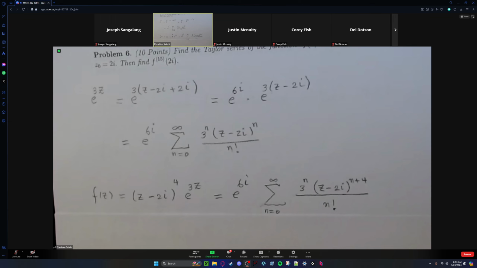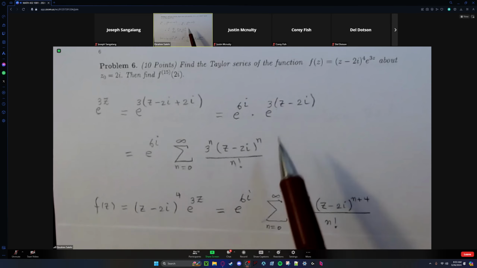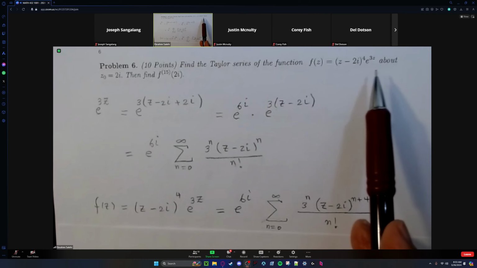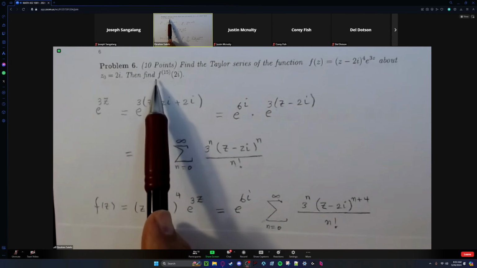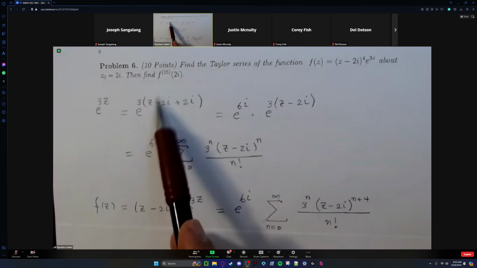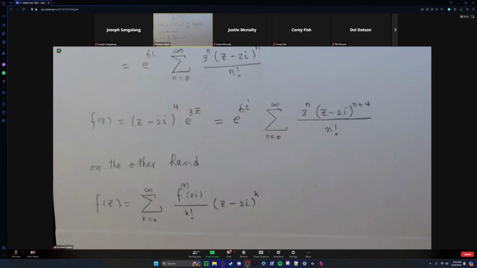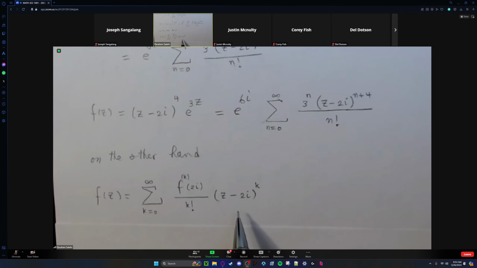Now, the second part of this problem is pretty interesting. First, we want to write the Taylor series, and then we want to find the 15th derivative of this function evaluated at 2i. We used a shortcut and found the Taylor series. On the other hand, theoretically, the Taylor series of a function at 2i looks like this.